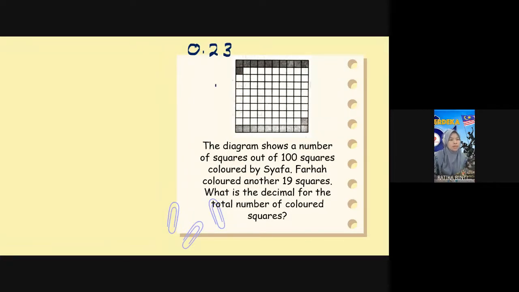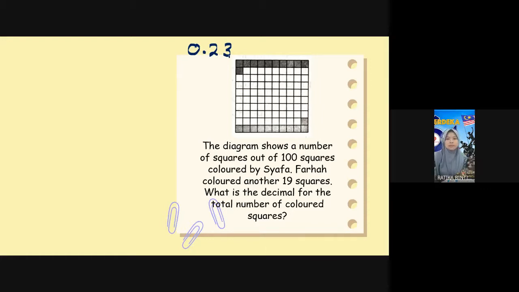Remember, when you read a decimal, the numbers after the decimal point, you need to read them one by one. If you read this as zero point twenty-three, that is wrong. You need to read it like this, zero point two three. Okay?